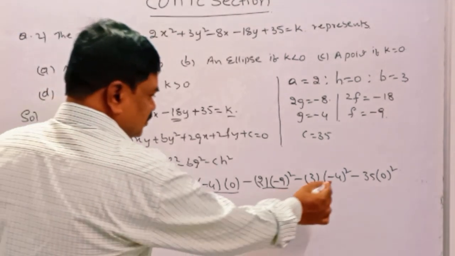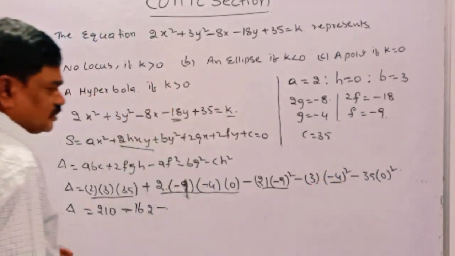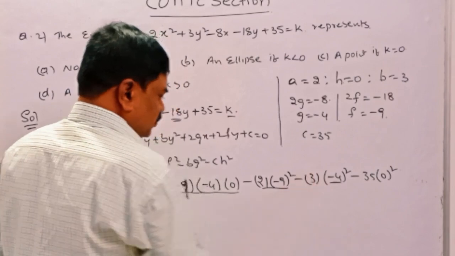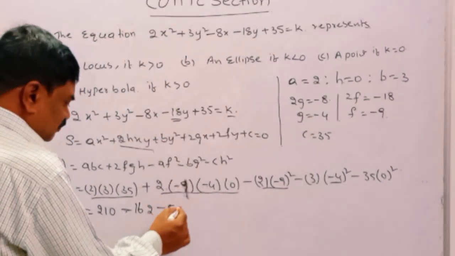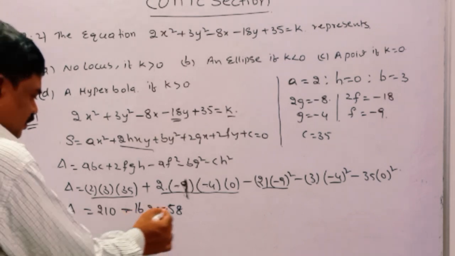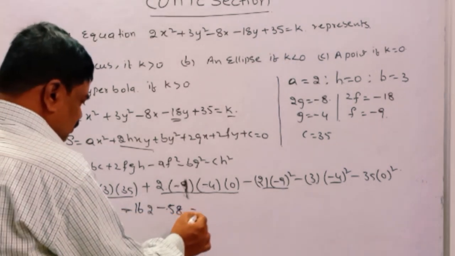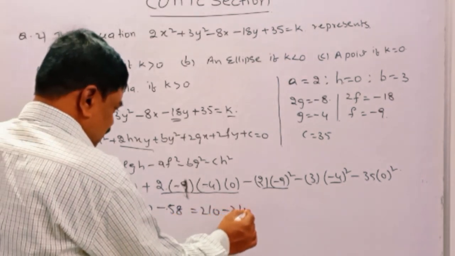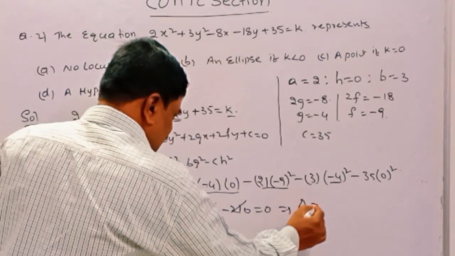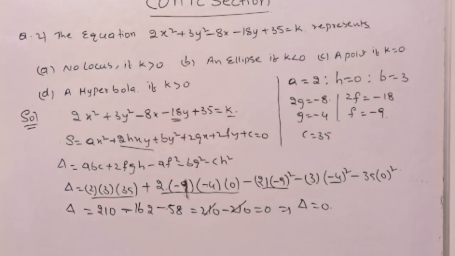Minus 3 × 16, that is 48. So 210 − 210 = 0. Means delta is equal to 0.